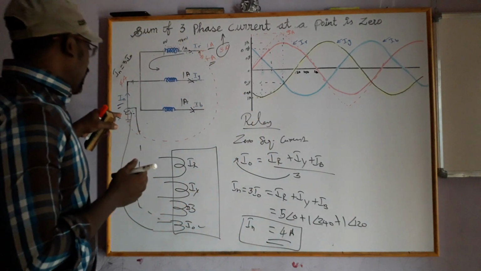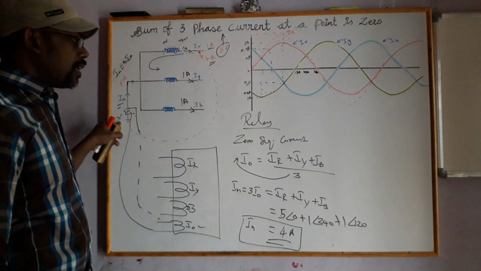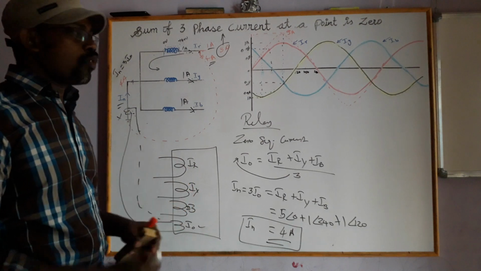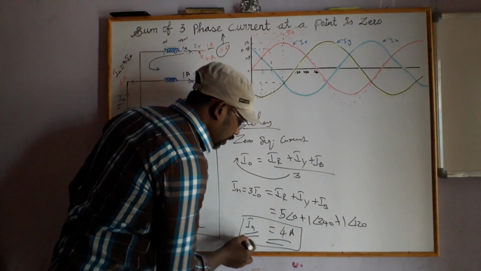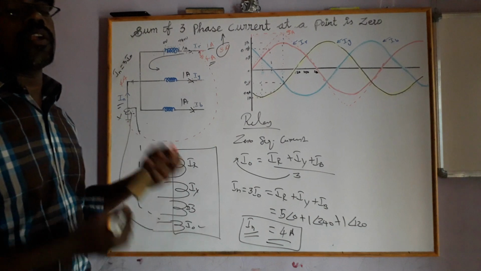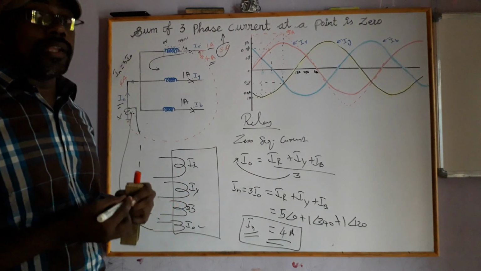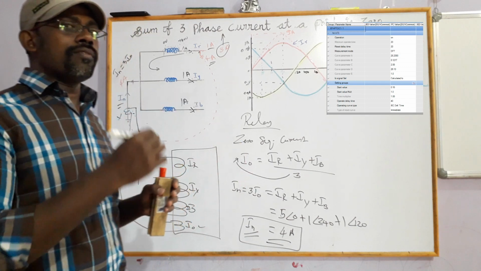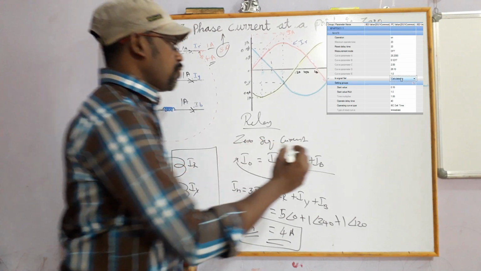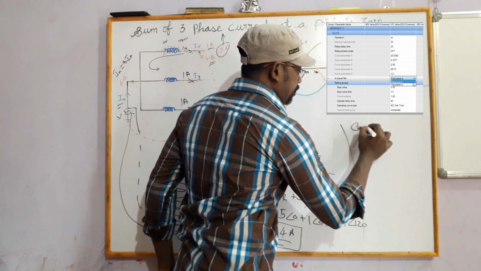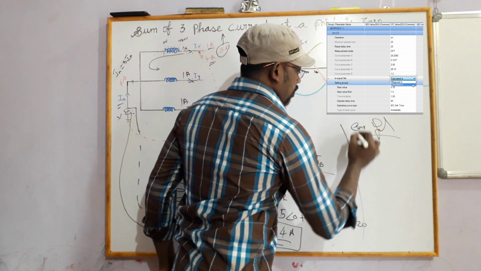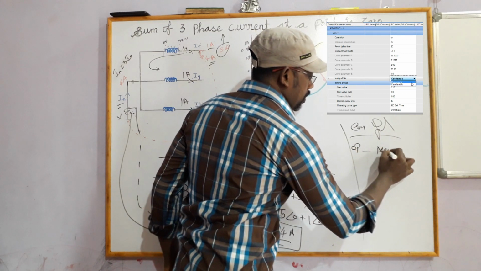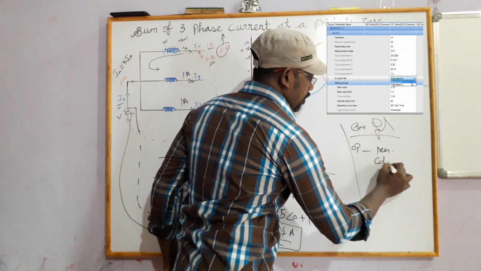If we are not having this RCT, then the relay will detect by using the 3-phase current. It will go for calculating the neutral current. It will calculate by itself. For this, in the relay we have special settings. In the relay setting page, you will have an option for earth fault, where we have one option: measure mode or calculation.